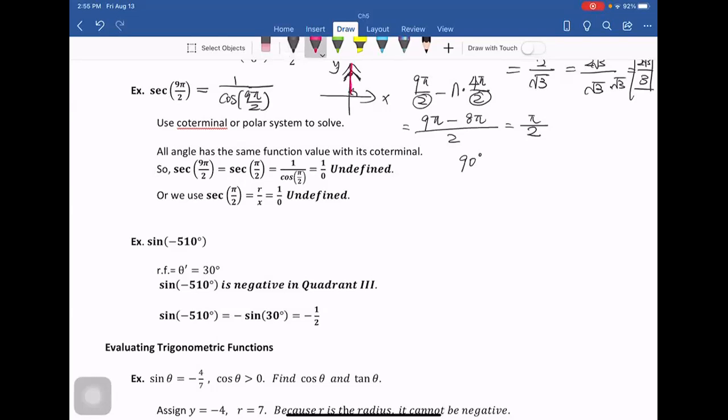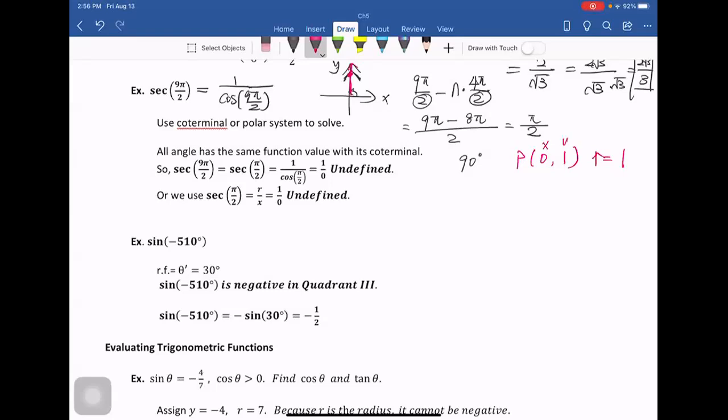I can pick any point. I try to pick the point P as 0 and positive 1. Just pick a point here. 0, positive 1. So the r equals 1 because r equals the square root of x squared plus y squared.